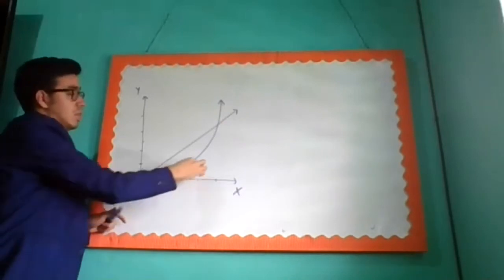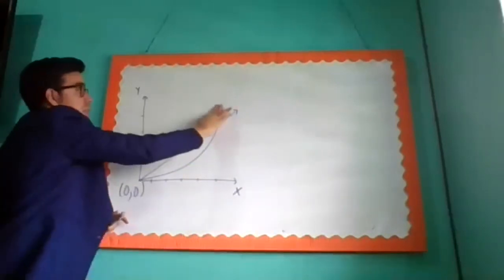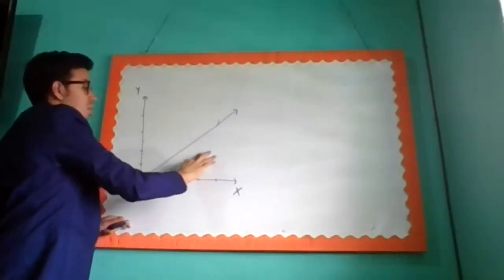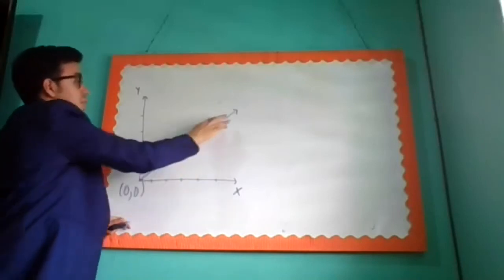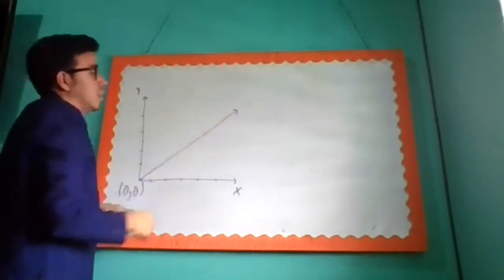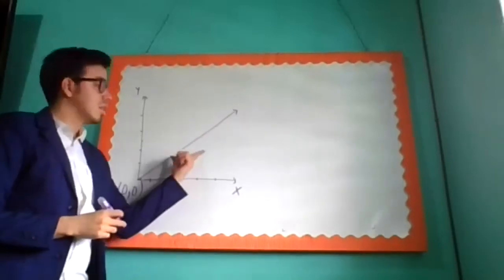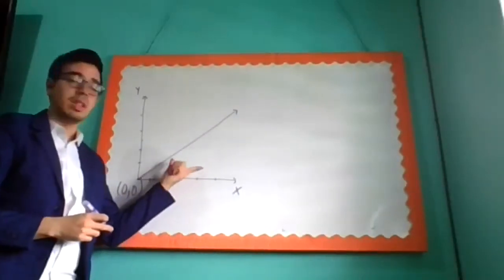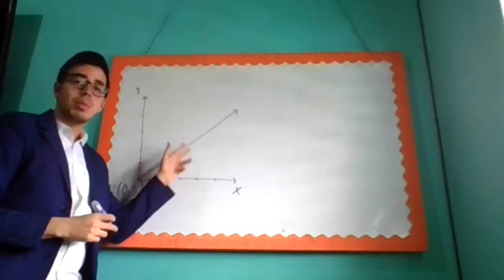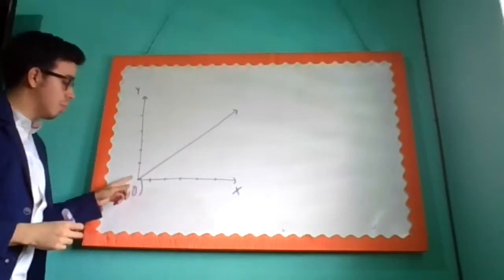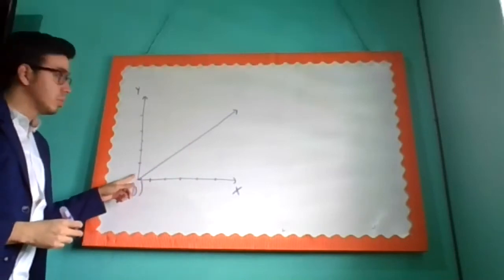So this curve is not going to represent a proportional relationship. This is the shape you are going to find in the exercise when they represent a proportional relationship.